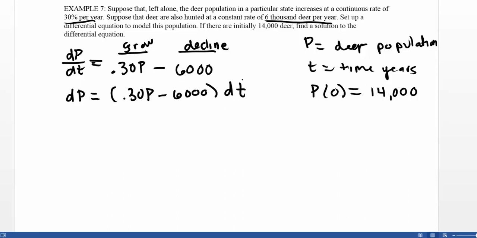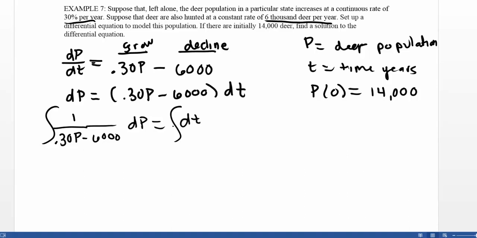So remember, algebraically, I cannot separate the 0.30p and the 6,000. Those have to come over together. So I have 1 over 0.30p minus 6,000 dp equals dt. So now the p's are with the dp, so I can integrate both sides.